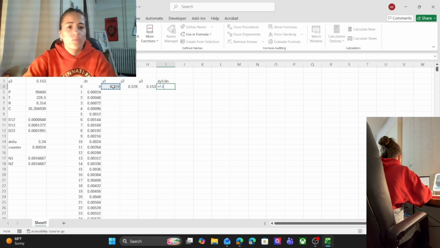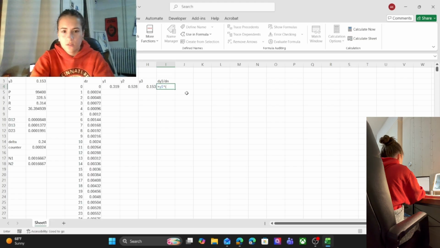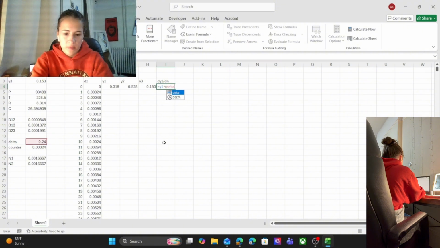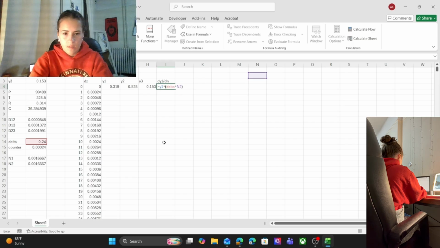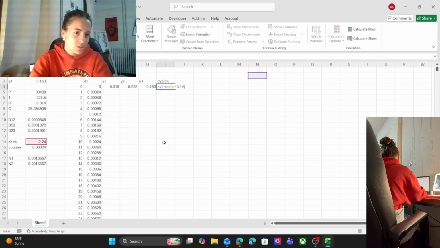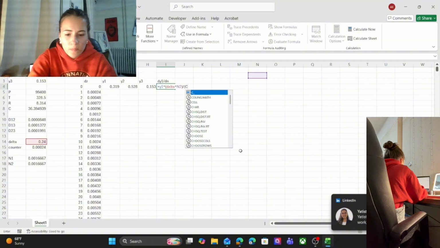So we have y1 times parentheses, and then we have our delta times N2 divided by our total concentration, so C times C. Don't know why that's not pulling from this C here.